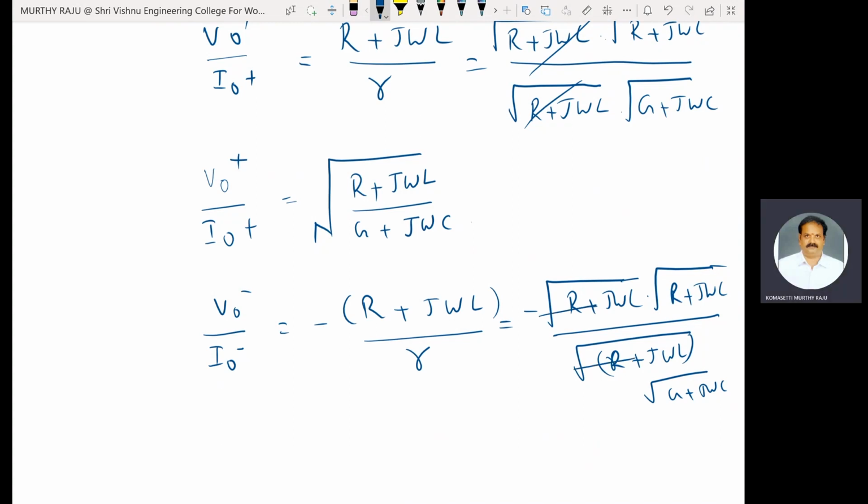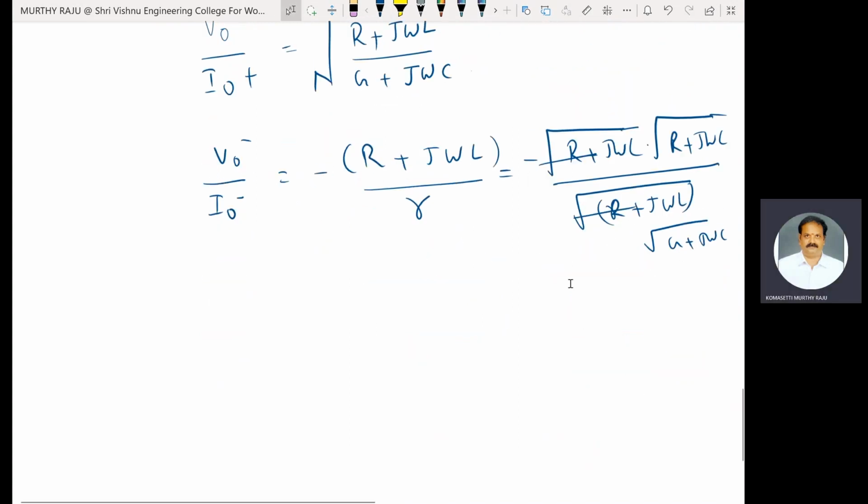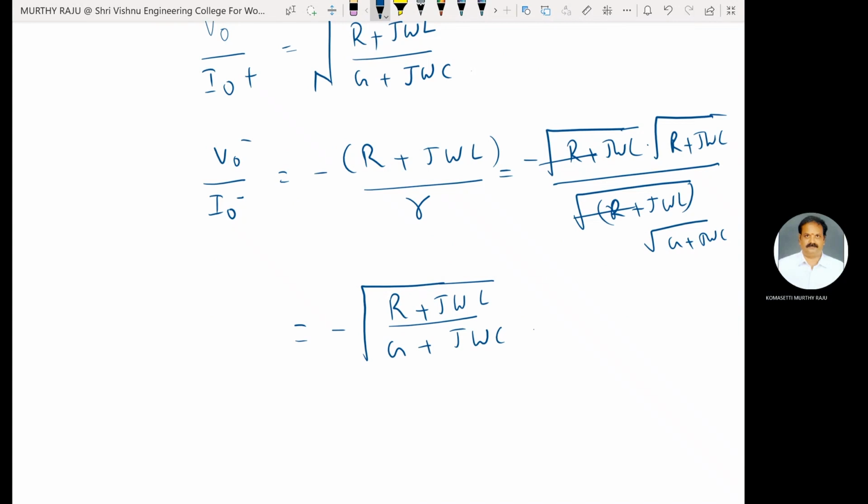These two are cancelled. V0 minus by I0 minus is equal to minus square root of (r plus j omega L) by (g plus j omega c).